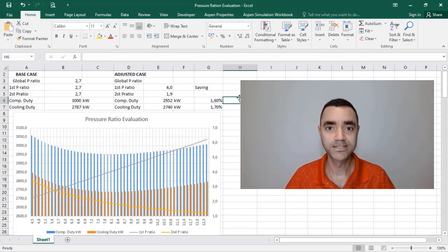Now that you have these numbers, you need to know how much is the cost of the electricity in your region, and with that you do the verifications to quantify in terms of money how much it's possible to save for your company. The more costly the power in your region, the more beneficial it will be to have this kind of arrangement. If the power is very cheap, eventually it does not make sense to have this kind of arrangement.